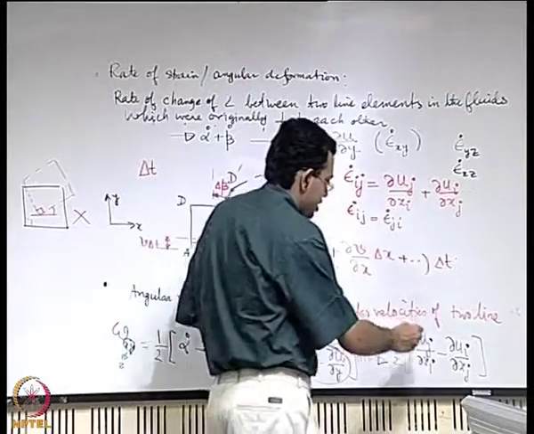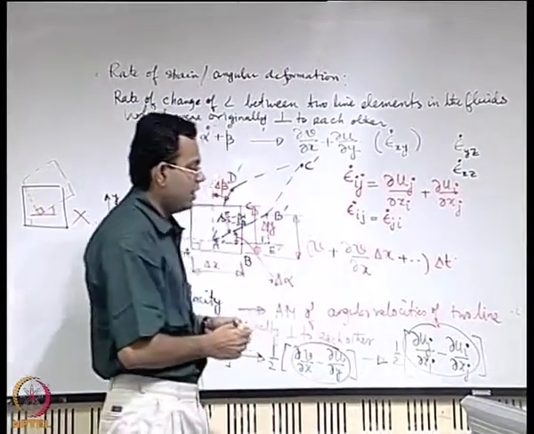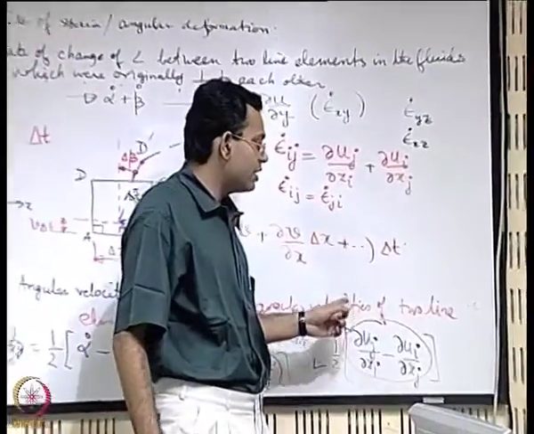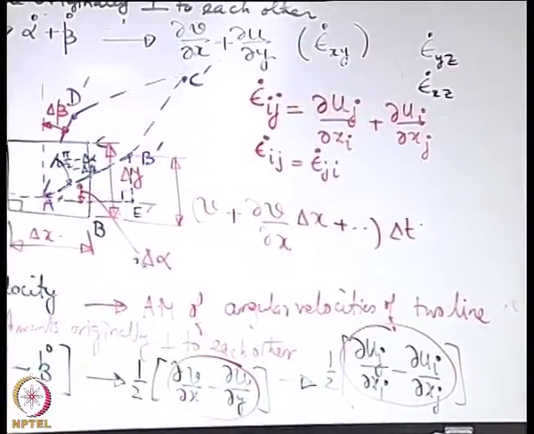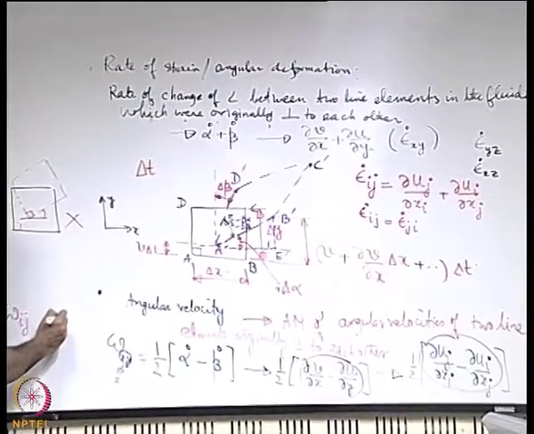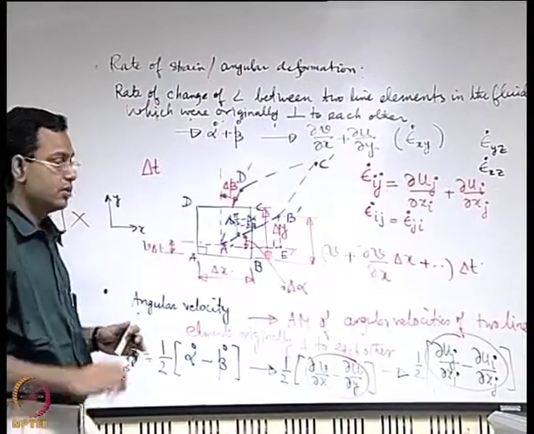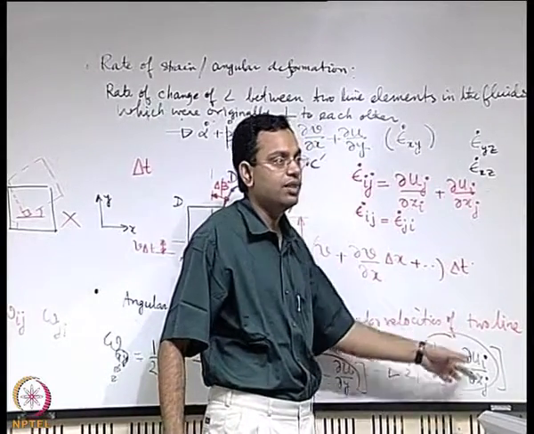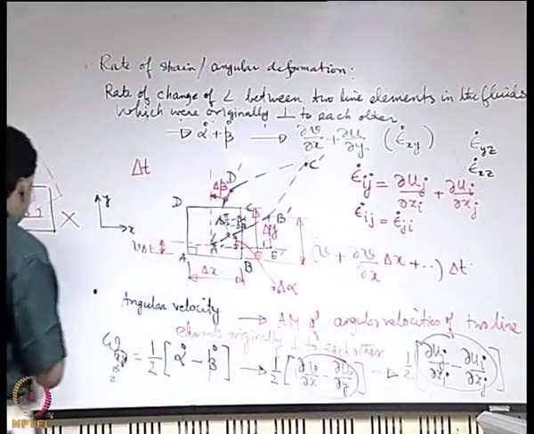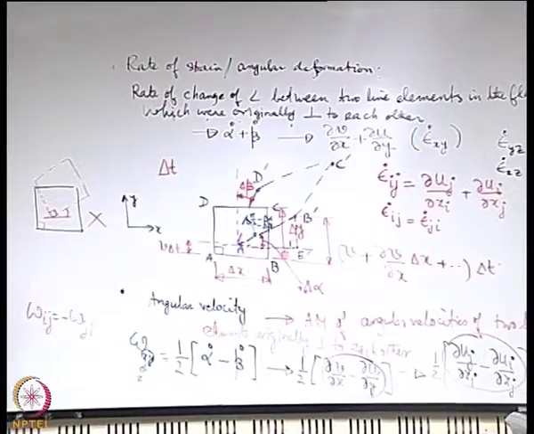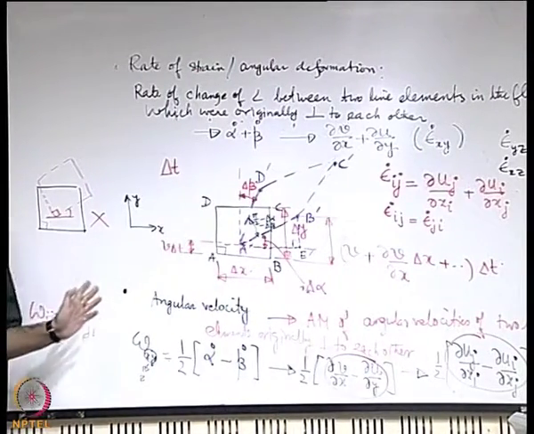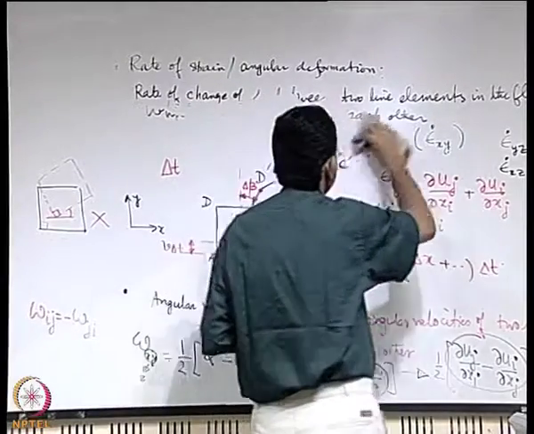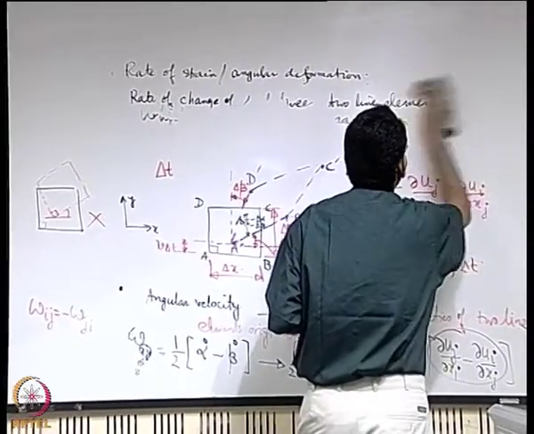If you look into this expression for the omega, you can clearly see that if you write it in a matrix form, what is the relationship between omega ij and omega ji? You will be replacing j with i and i with j, so it will be minus of it. If you write it in a matrix form, it is a skew symmetric matrix.